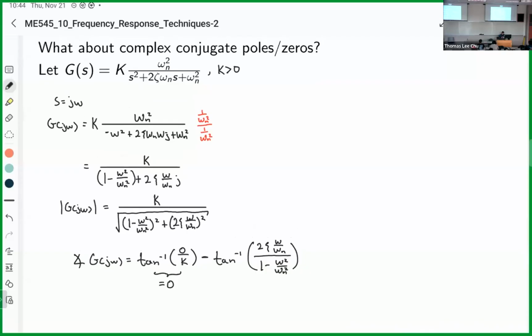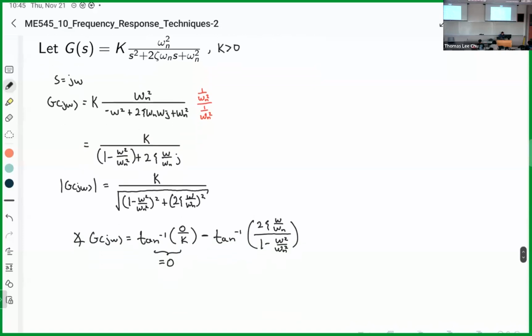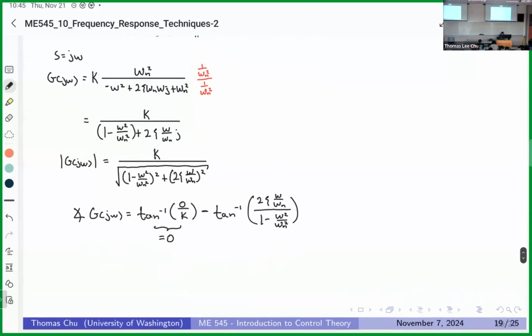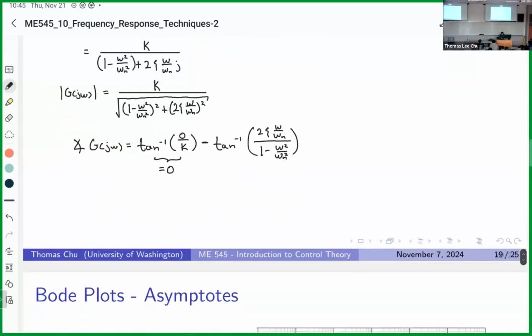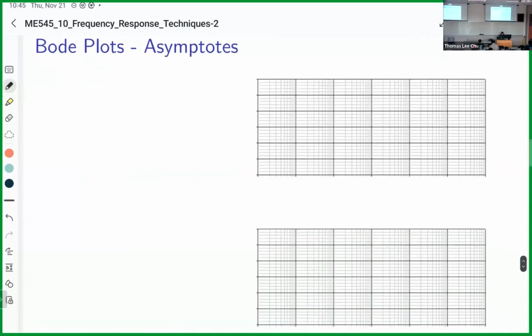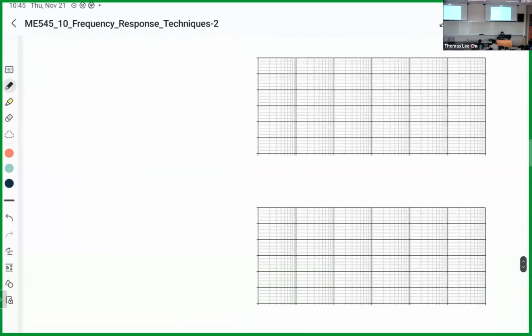So we would have positive arctan of 2 zeta omega over omega n divided by 1 minus omega squared over omega n squared. Okay, so this is how you calculate it, but when we draw this on the Bode plot, there's actually something you can do to estimate what it's going to look like without actually calculating this.